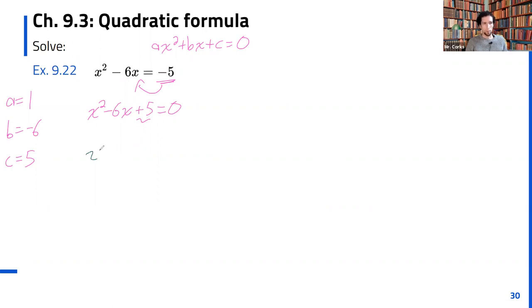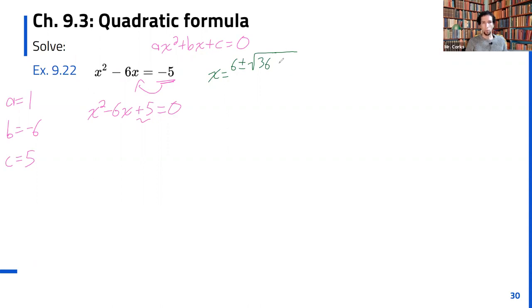I'm not gonna try to do this without writing out too many steps here, just for expediency. So negative b, so that's just 6 plus minus square root of b squared. So negative 6 squared is 36.